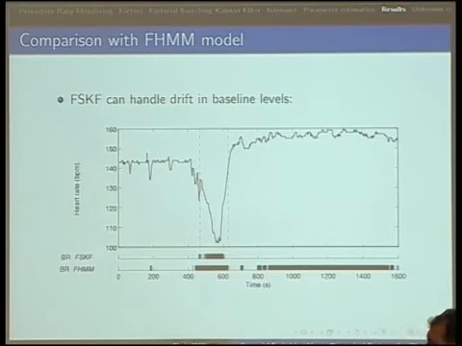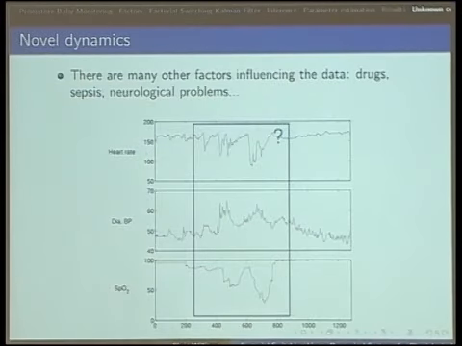Okay, that's not doing too badly on time, but there's a problem which we alluded to earlier. We've modeled maybe of order 10 different factors there, but there are an awful lot of things that can go wrong with people, and it would be hard to model all of those things. It's really useful to be able to handle regimes that we don't know about.